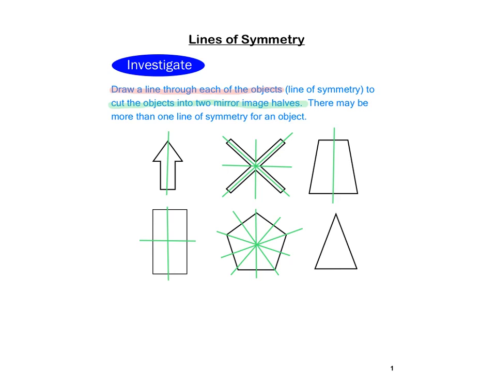And we have one more shape to look at here, and that is a triangle. Is there any lines of symmetry for this triangle? And there would be one, right like that. So there's just a little exploration with drawing lines of symmetry through shapes, and we're going to use that to help us do some examples in today's lesson.